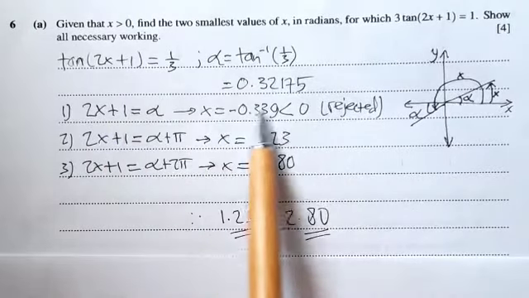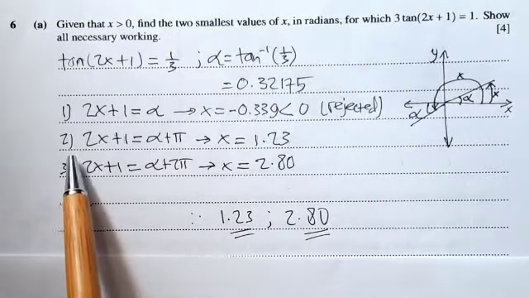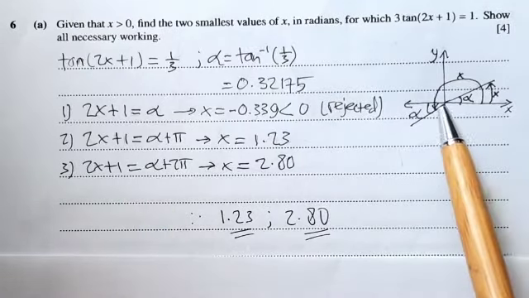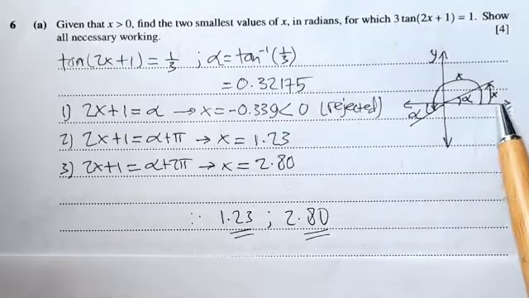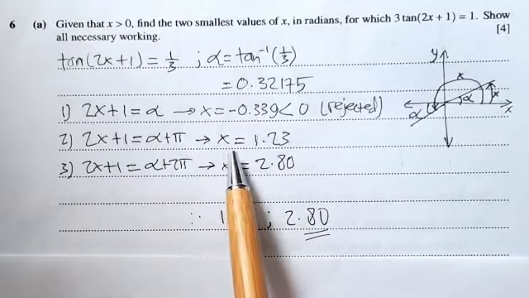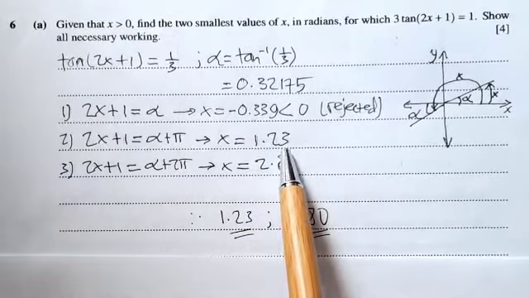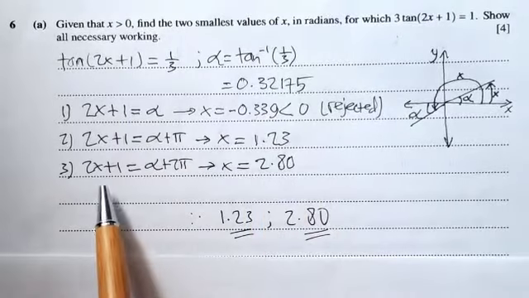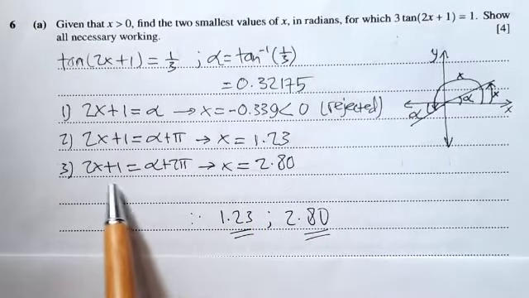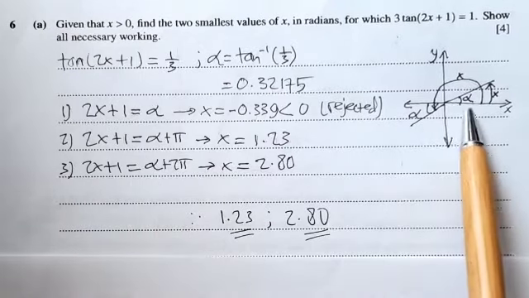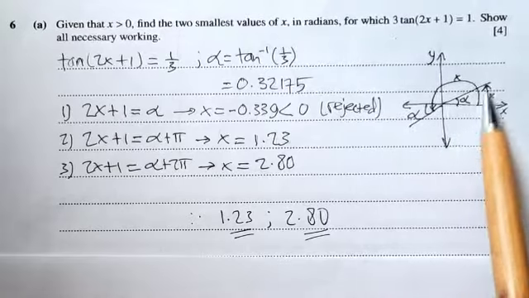The second solution is 2x + 1 equals pi plus the basic angle, alpha plus pi, and from here we obtain x is 1.23. That is satisfied because x is already more than 0. Another value of x we can calculate by 2x + 1 equals alpha plus 2 pi.